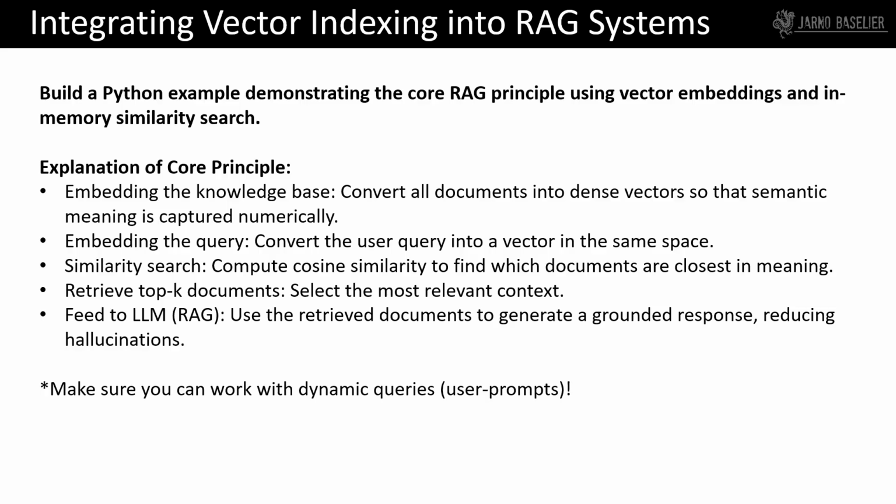Then we will do a similarity search where we compute cosine similarity to find which documents are the closest in meaning. And then we will retrieve the top K documents. So we select the most relevant context and we will feed this to the LLM or the RAG. In this case, it is basically a RAG. So use the retrieved documents to generate a grounded response, reducing hallucinations.